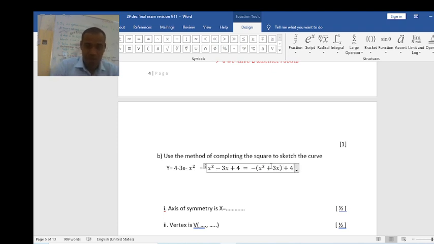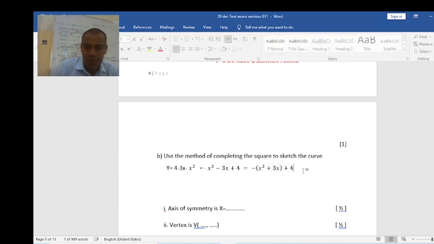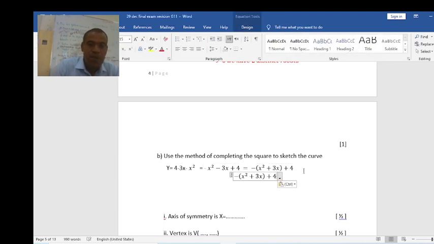Then I will use the method of completing the square. This one gives, it will be minus, in parentheses, also I should open another parenthesis and make x minus 3 over 2, 3 divided by 2.